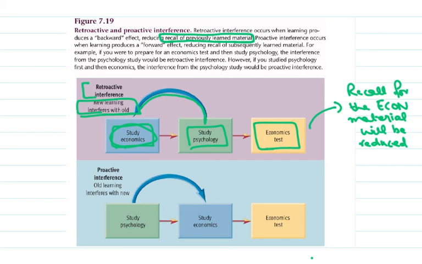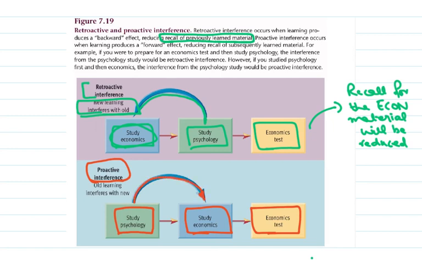What exactly is proactive interference, the other kind of interference that we look at? That is basically that you studied psychology, and after that you studied economics, and you had an economics test. This is proactive interference: older learning interferes with new learning.